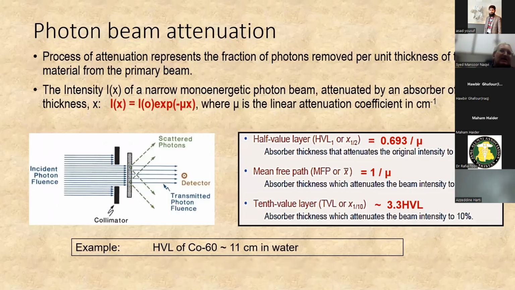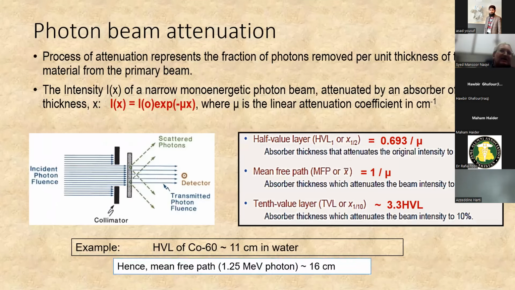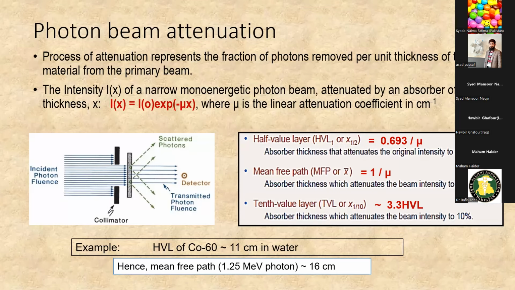Actually, X-ray photon beams are polyenergetic. For the derivation or to make a simplified equation, we consider the beam to be monoenergetic. X-rays or gamma rays are polyenergetic, but for the theoretical concept, to understand the equations or make the formulation, we consider the beam to be monoenergetic.